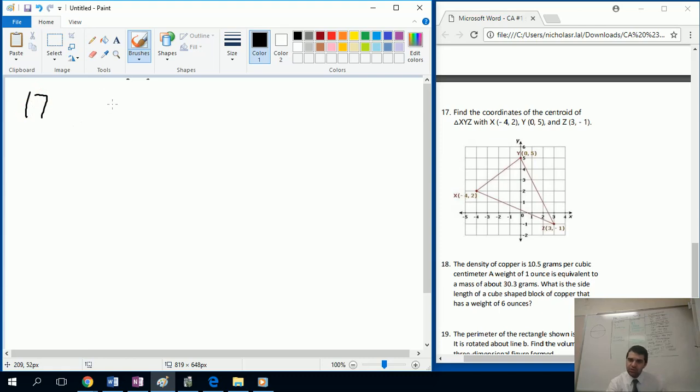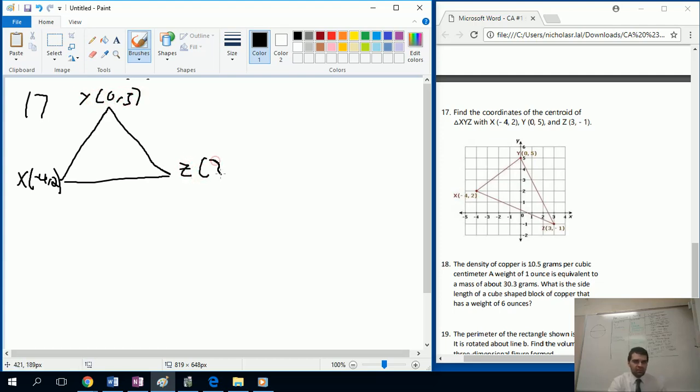X is negative 4, 2, y is 0, 5, z is 3, negative 1. So x is going to be negative 4, 2. Y is going to be 0, 5. And z is going to be 3, negative 1. Find the coordinates of the centroid.